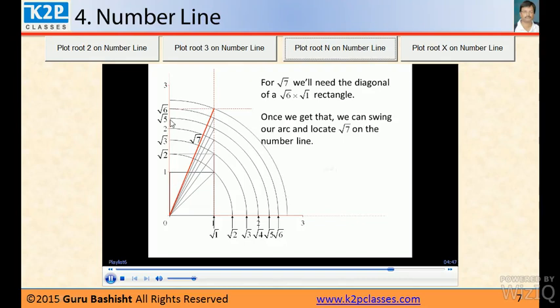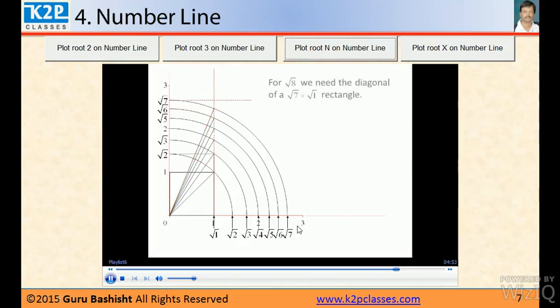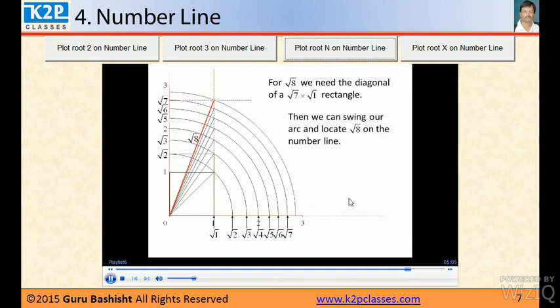This will be root 6 squared plus 1 squared, root 7. So taking this red line, if we draw an arc, it will cut the x-axis at the distance root 7. Similarly, root 8 can be drawn. So by this method, we can draw the root of any natural number.